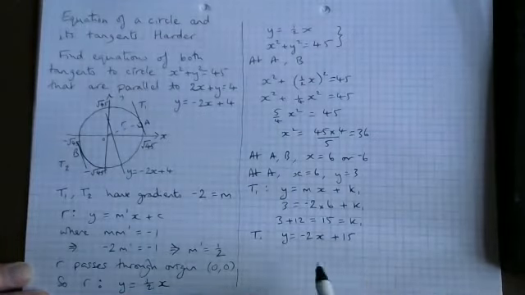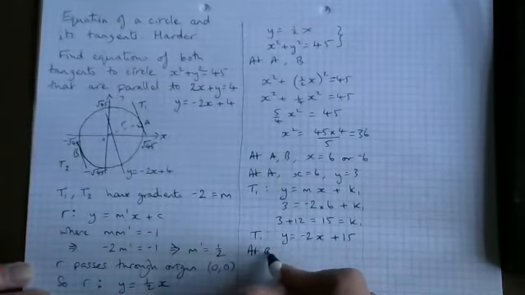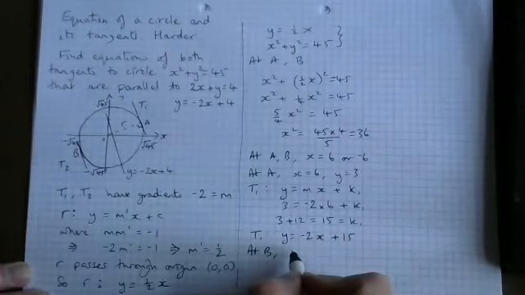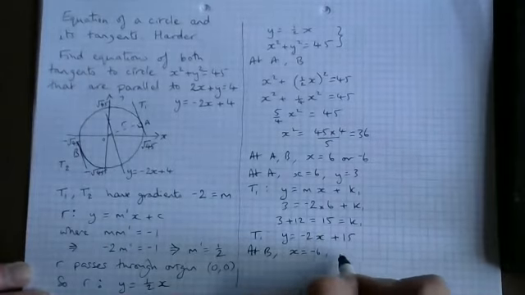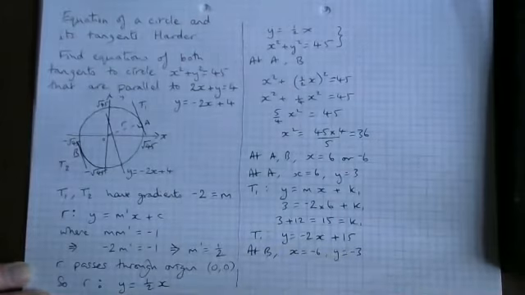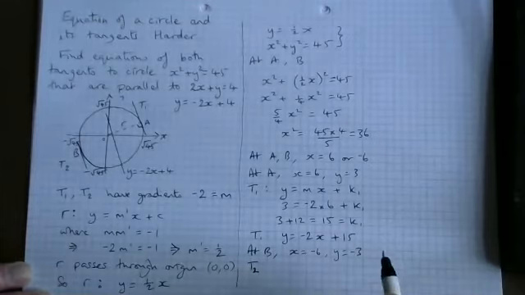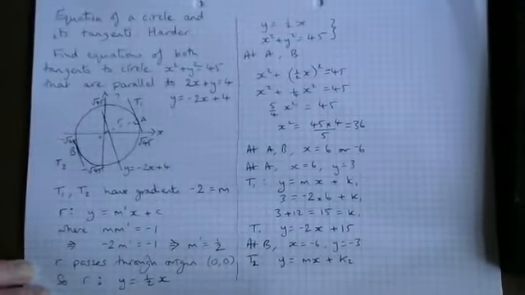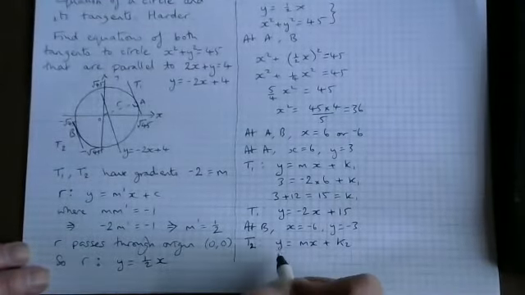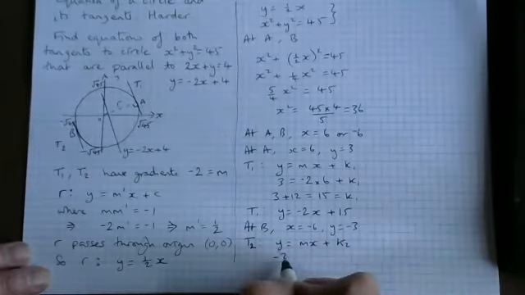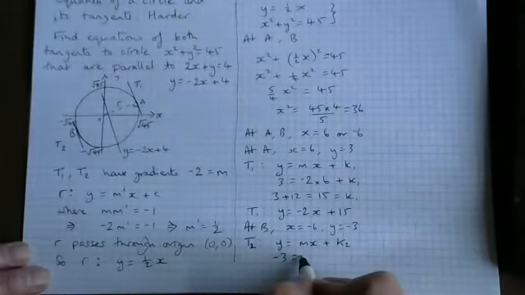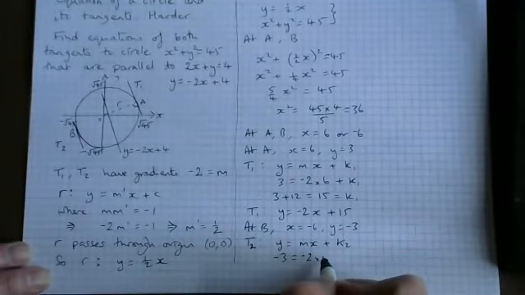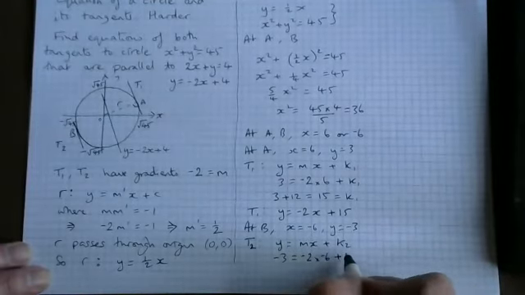Let's repeat for B. At B, x equals minus 6, y equals minus 3. T1 is such that, sorry, T2, apologies, is such that y equals mx plus K2. We've got the value of y, negative 3, equals m, which was negative 2, times x, which is negative 6, plus K2.